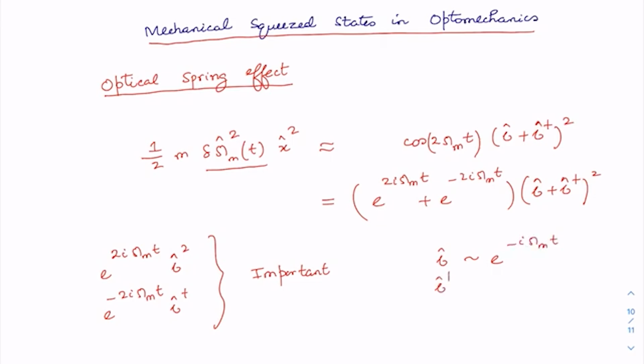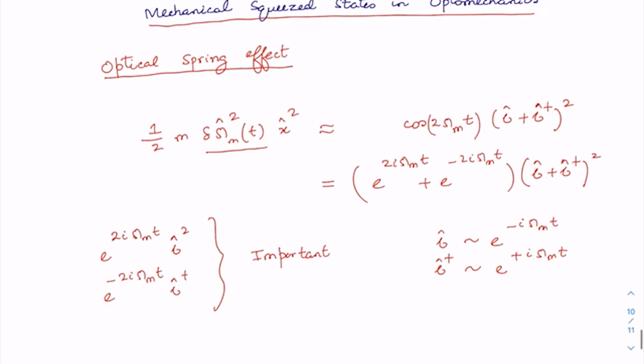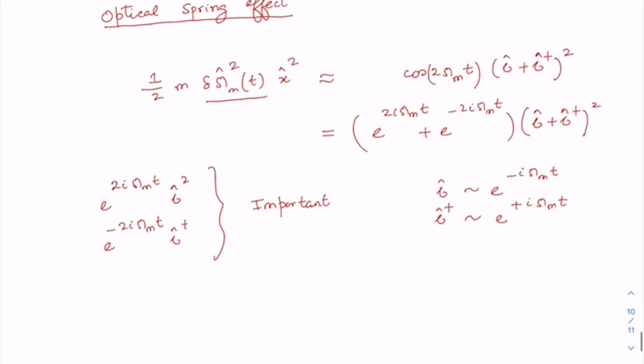On the other hand, b dagger varies as e to the power plus i omega m t, and the other two terms are going to oscillate rapidly, and therefore we can neglect those two terms because of the so-called rotating wave approximation.